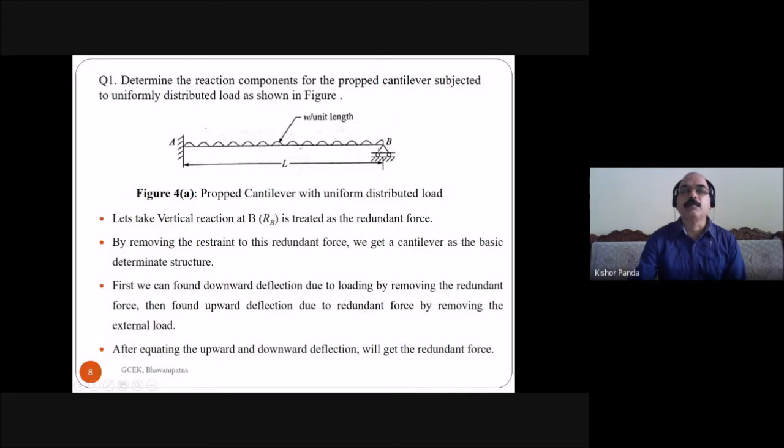Then the upward deflection is equal to the downward deflection, and by equating them you can find the reaction at B. So after equating the upward and downward deflection, we get the redundant force.